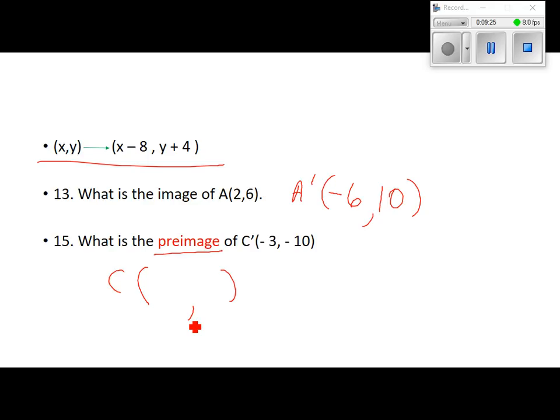Instead of subtracting 8, what would we do? Add 8. So what's -3 plus 8? That means we started at 5. What's -10? Instead of adding 4, what are we going to do? -14. So our original point this time was 5, -14. And then we took that to -3, -10 by using that rule.